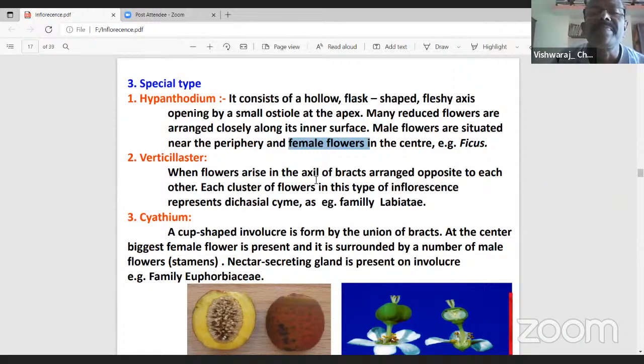Their axil has a bract, both sides two bracts arranged opposite to each other.